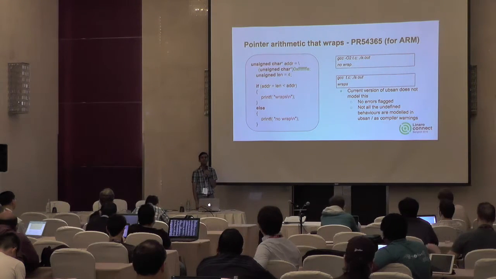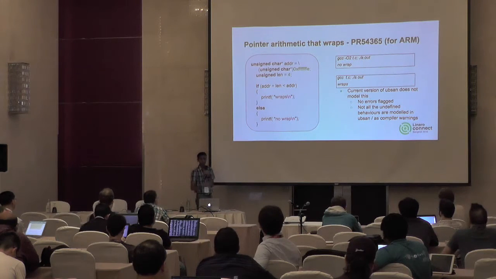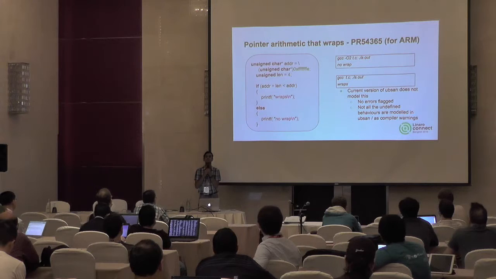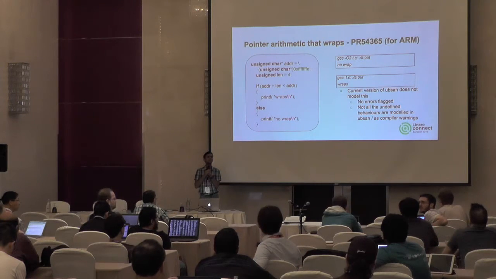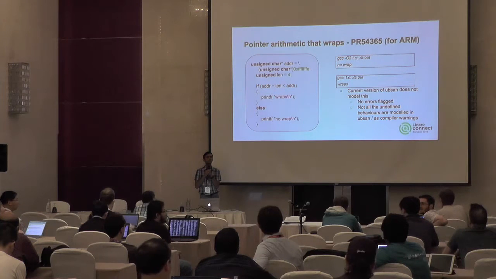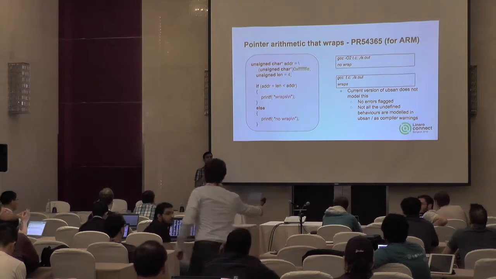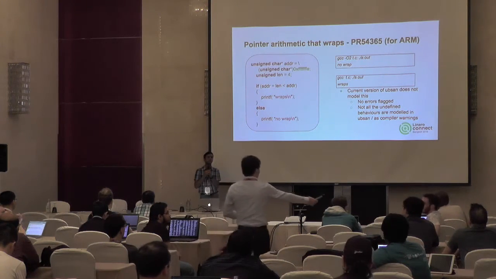Who understands why this is happening? Why the compiler, what is the undefined behavior here? So pointer arithmetic wraps, it's an unsigned type. And it is undefined. Isn't pointer arithmetic undefined itself? No. That was a question.